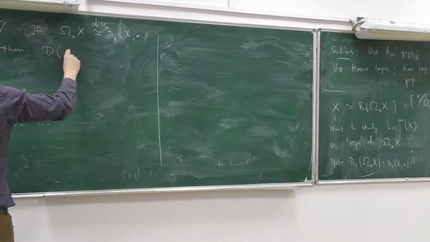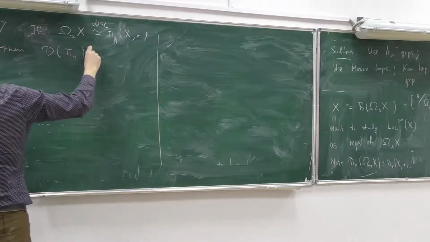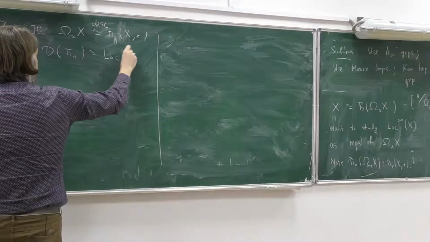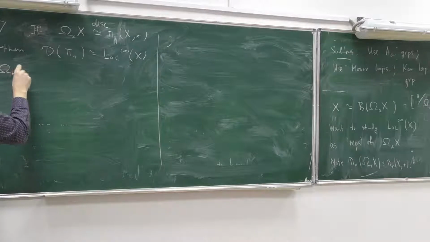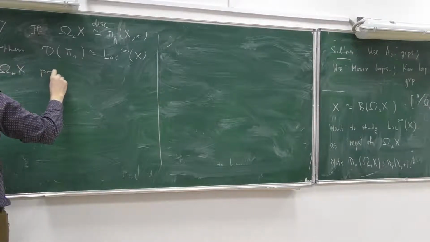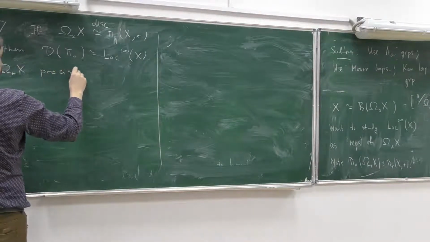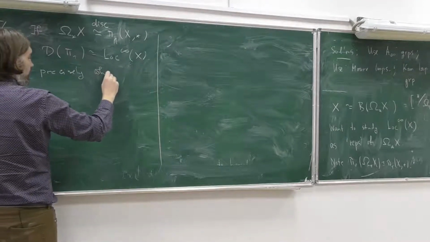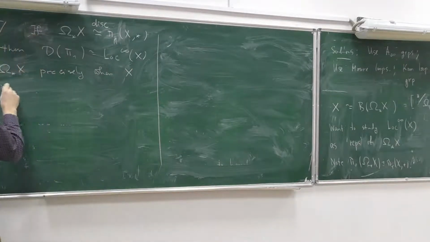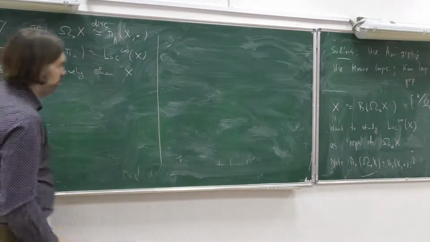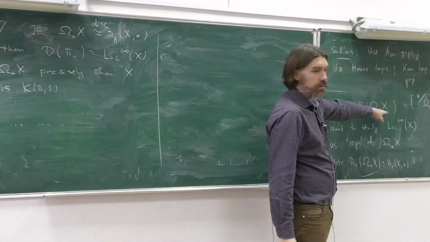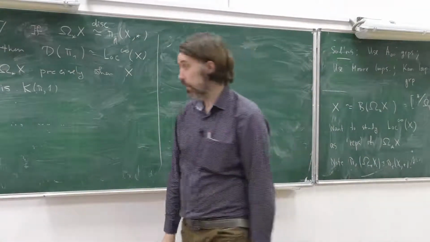So D of pi 1 will be equivalent to this infinity local systems. And this happens if and only if this is discrete, precisely when, what is it saying? X is K(pi, 1). We're saying it's the classifying space of a discrete group, at least up to homotopy.